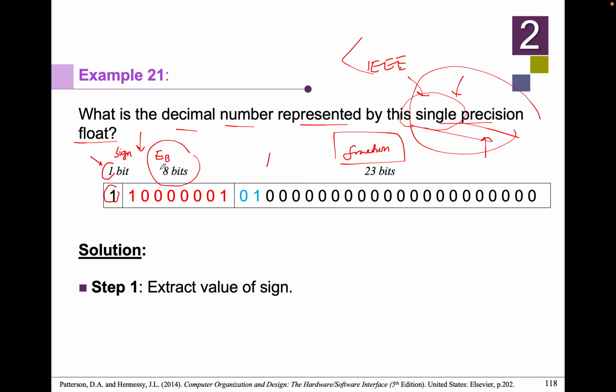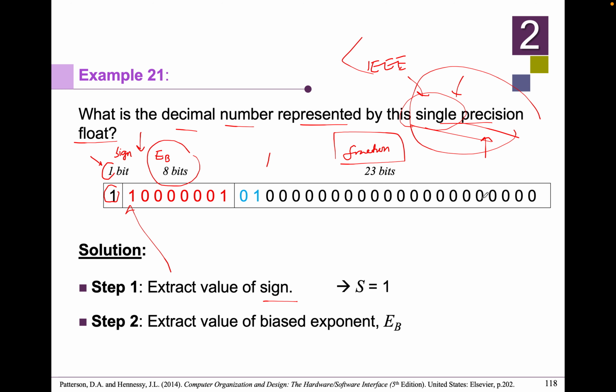Solution for step number 1, extract the value of sign. We know already it is 1, equal to negative. Then extract the value of your biased exponent.